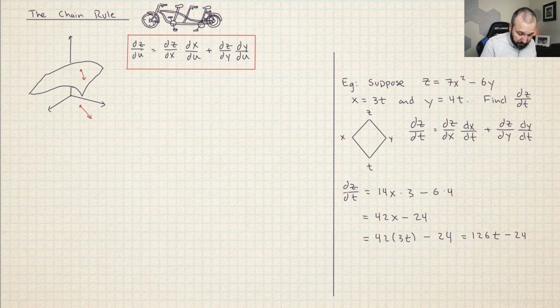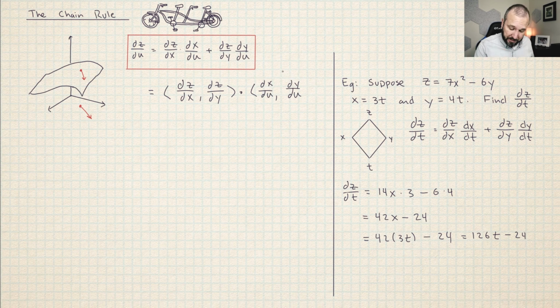In fact, this formula, del z del u, if I wanted to, I could write it like this: del z del x, del z del y, dot product with del x del u, del y del u, right? Because that's the way the dot product formula works. You multiply these together, and then you add them up. And that's exactly what this chain rule process did.